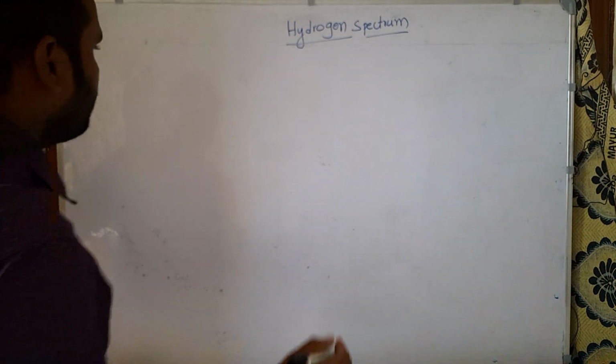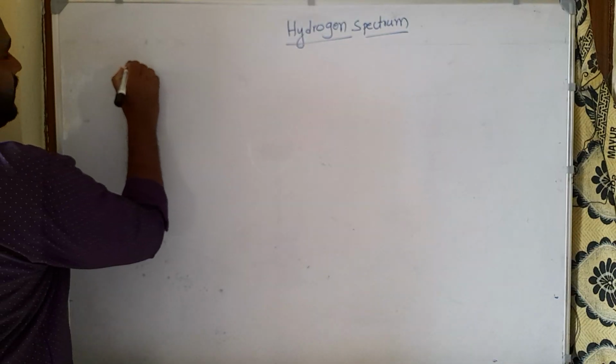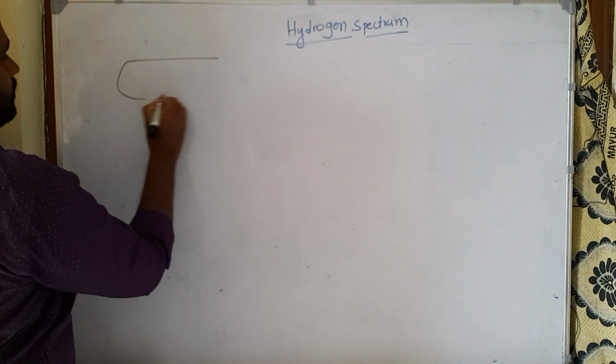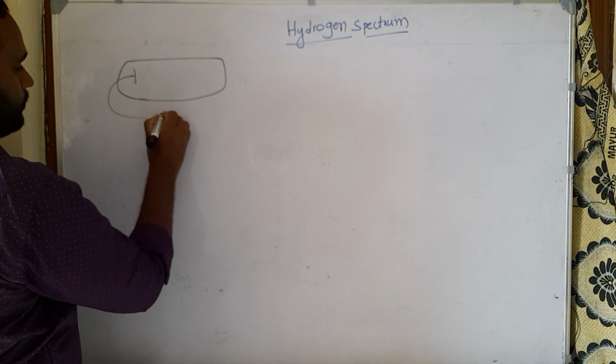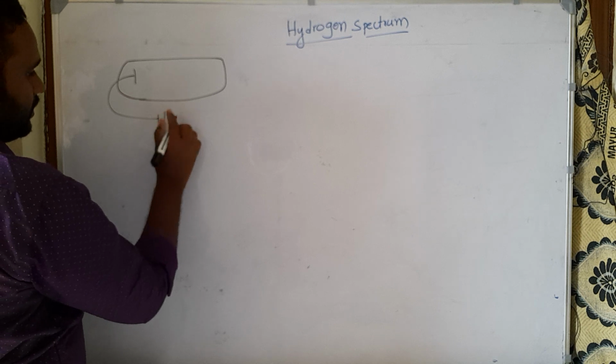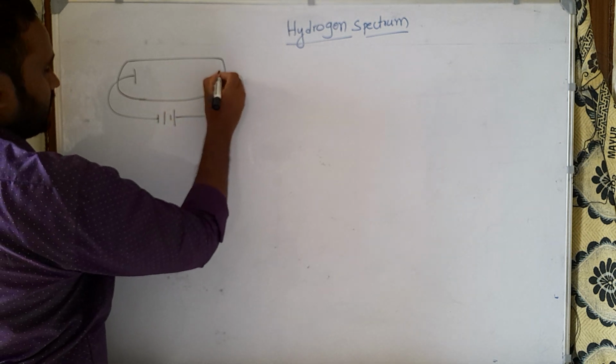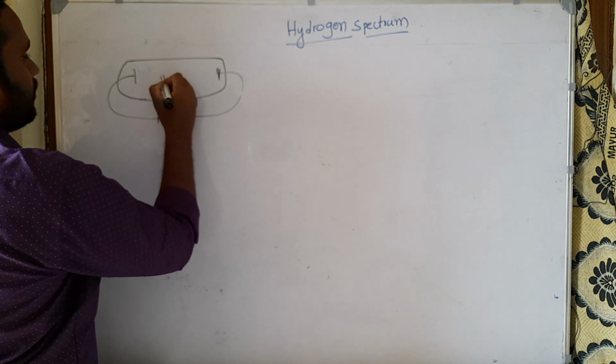So here, when you pass an electric discharge through hydrogen gas, the hydrogen gas is going to emit some radiation.